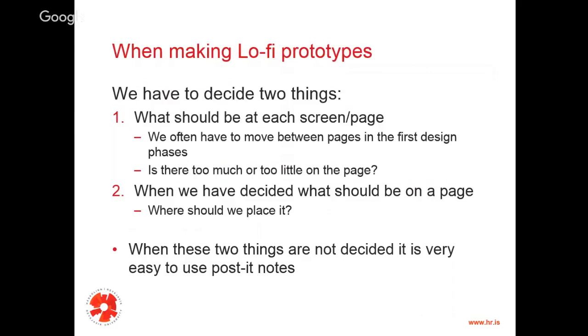And when making a low fidelity prototype, we are deciding two things. We are deciding what should be on each page. So, okay, on the front page, we would like to have this and this and this.